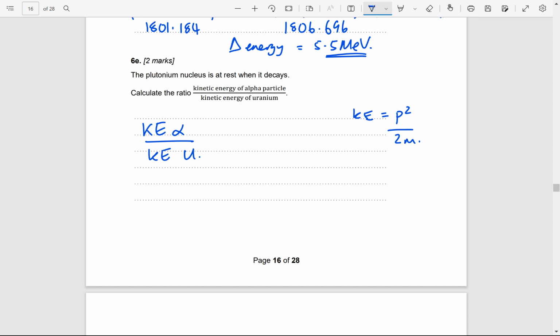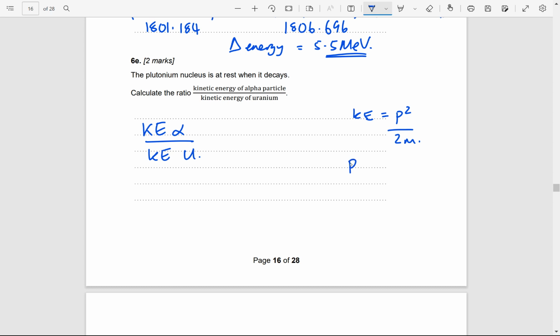All right, so we have a plutonium nucleus at rest, and then it decays. The momentum of the uranium will equal the momentum of the alpha particle.